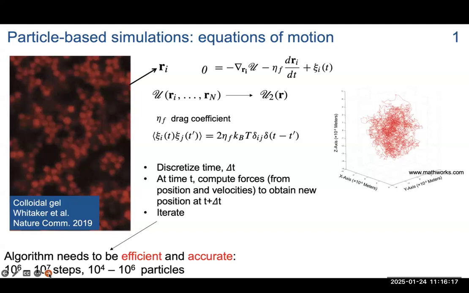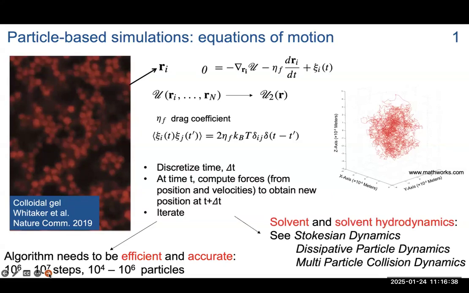So I want to be able to run simulations that are very large, with a very large number of particles, so that I can effectively collect statistics and understand equilibrium and non-equilibrium processes. And so then I need my algorithm to be very accurate and efficient, because that's quite an ambitious goal.